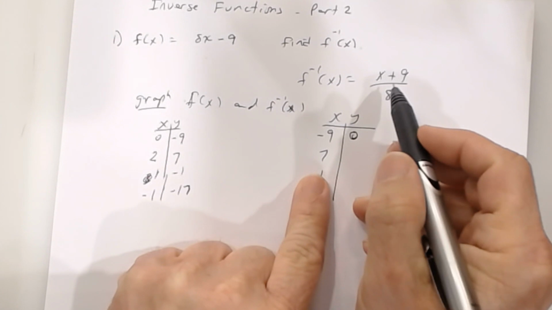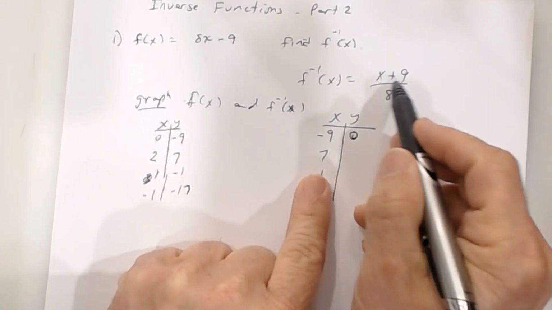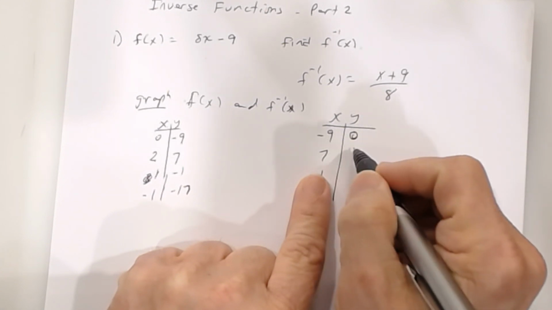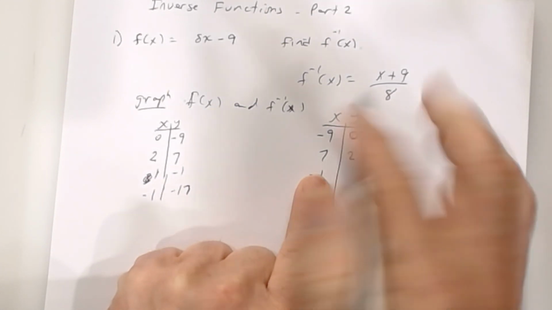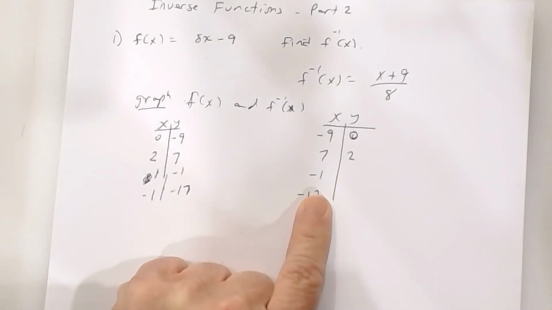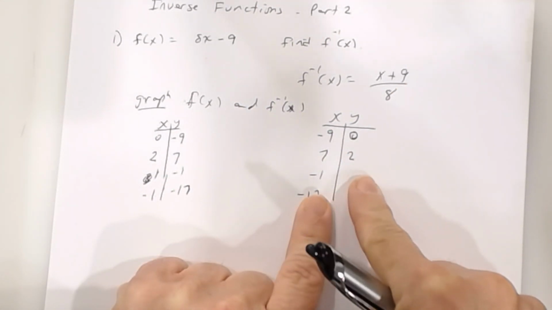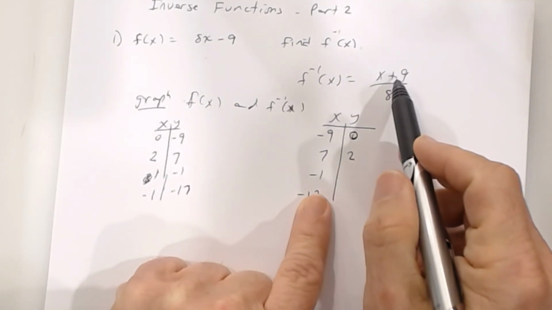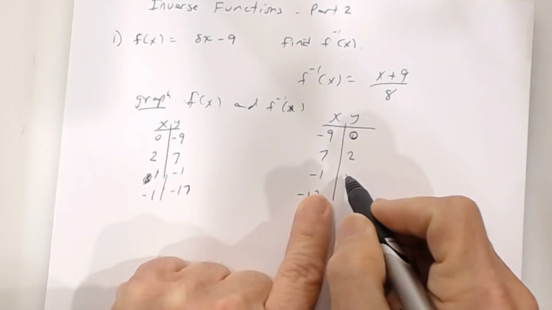So if x is 7, 7 plus 9 is 16. 16 divided by 8 is 2. I should have gotten 2, right? If x is negative 1, what better get on that inverse? 1. Negative 1 plus 9 is 8, divided by 8 is 1.